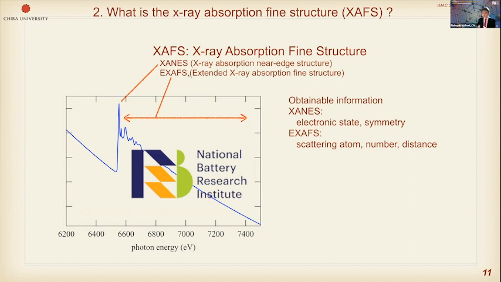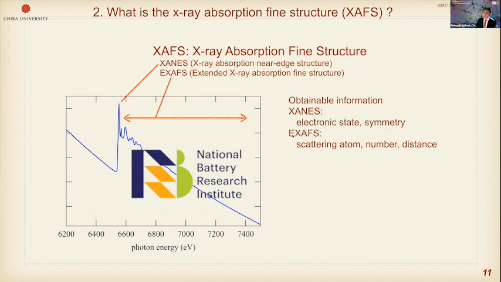We separate or divide the two regions because the analysis technique is different, that is one reason. And of course, the important point is that the obtainable information is different. The XANES near-edge region can provide the electronic state of the absorbing atom, and of course, the symmetry of the absorbing atom.